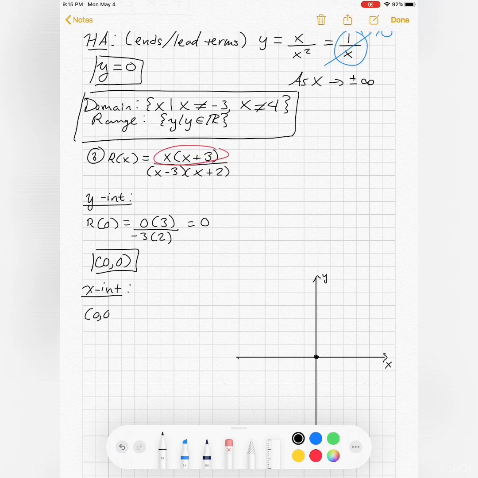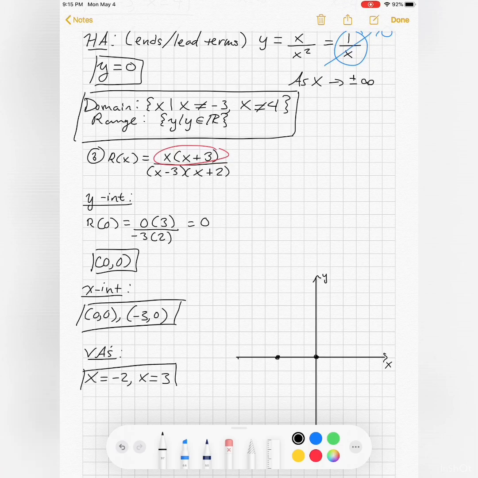I can actually read those off. Vertical asymptotes, I look at the denominator. Denominator equals 0. Stash those in.